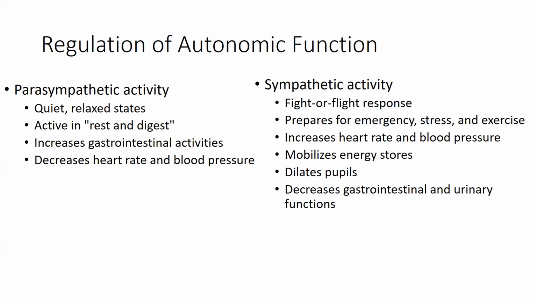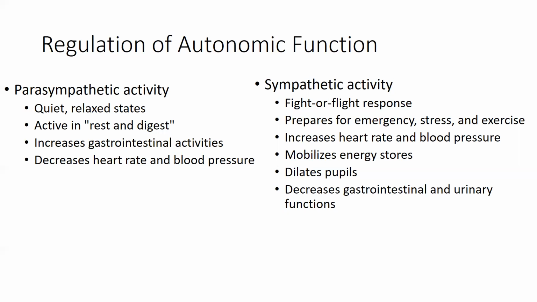This helps to mobilize energy stores, so breaking down food, breaking down glucose. This will also dilate the pupils, which will only make sense if you're in a situation of being threatened or an emergency or stress or exercise. You want the pupils fully dilated, as much light coming in as possible, so that you can fully prepare yourself for that threat.